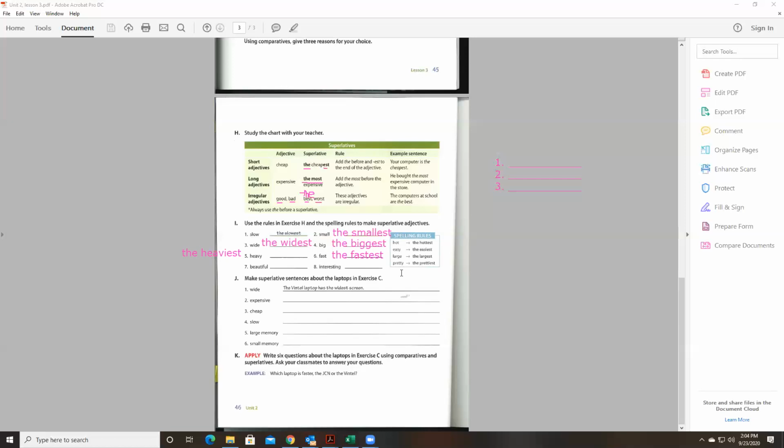Number seven is beautiful. Okay, that is one of your long adjectives, right? So you'll have the most beautiful. And number eight, you have interesting. Another one of your long adjectives, so the most interesting.